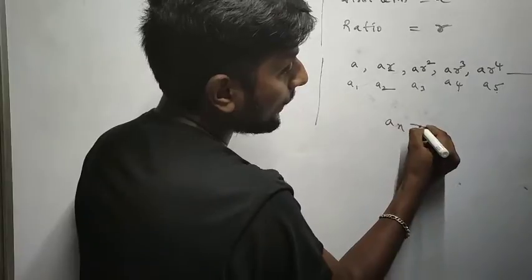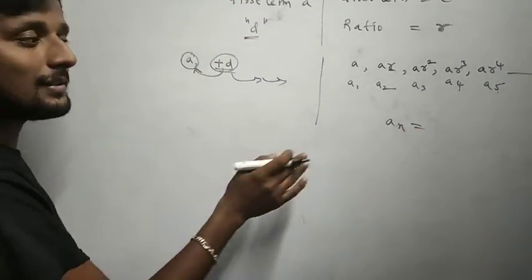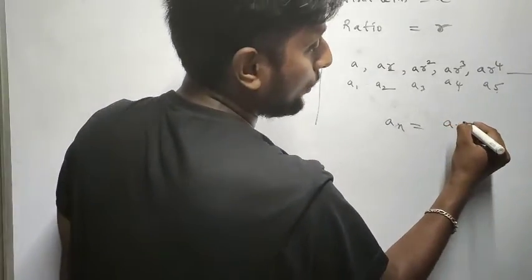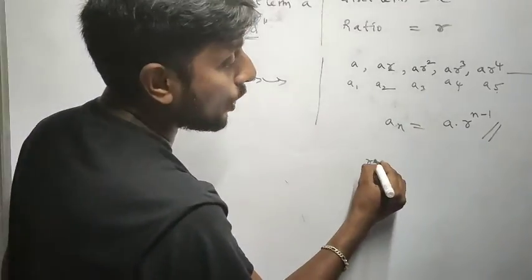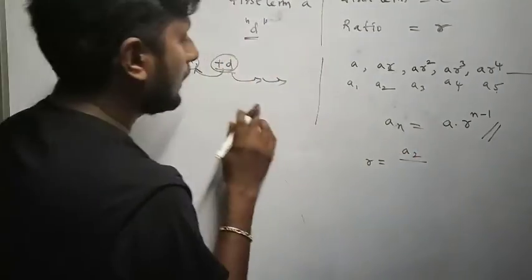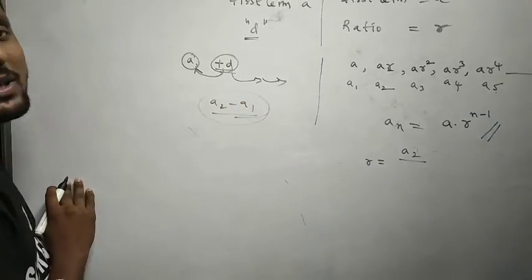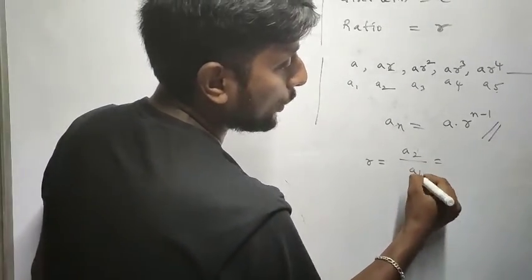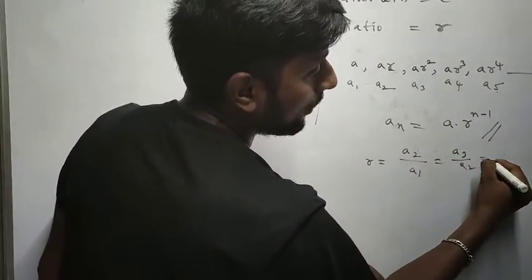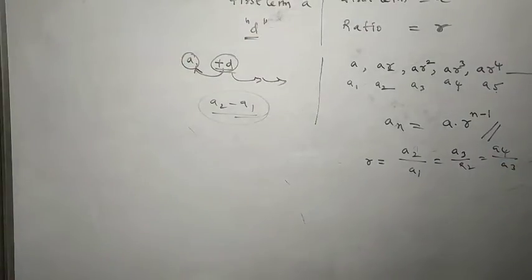So the nth term, the general term and the last term, is A into R power n minus 1. And how do we find the common ratio? In AP we added, so we subtracted the successive terms. Here we are talking about multiplication, so we divide: A2 by A1, A3 by A2, A4 by A3, and so on. Those are the ways to find the common ratio of a GP.